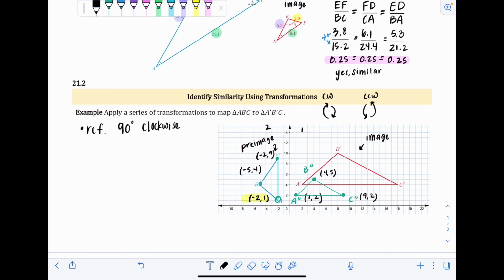And then, I'm just going to draw an arrow too. For A prime, that point is 2, 4. For B prime, that point is 8, 10. And then for C prime, it's 18, 4.